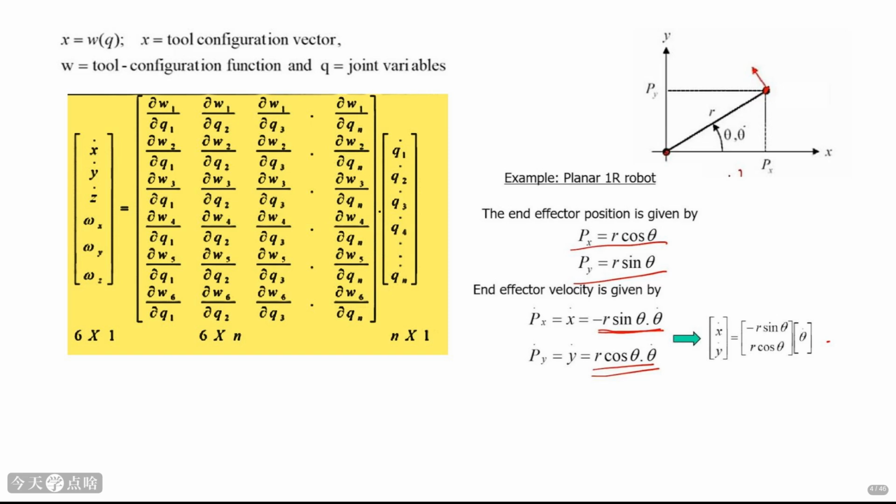Notice how the velocity isn't just radial, it has tangential components too. This is captured neatly in the matrix form shown, where the Jacobian matrix directly relates the single joint velocity θ dot to the two-dimensional end effector velocity x dot, y dot. This simple case already illustrates the core principle.